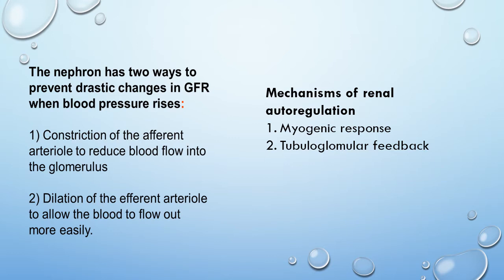Think about it. If blood pressure is going up, then that GFR is going to have more pressure, so it's going to affect urine production. So the nephron needs to protect and keep the GFR at a constant rate. It can't allow fluctuation. That's dangerous.